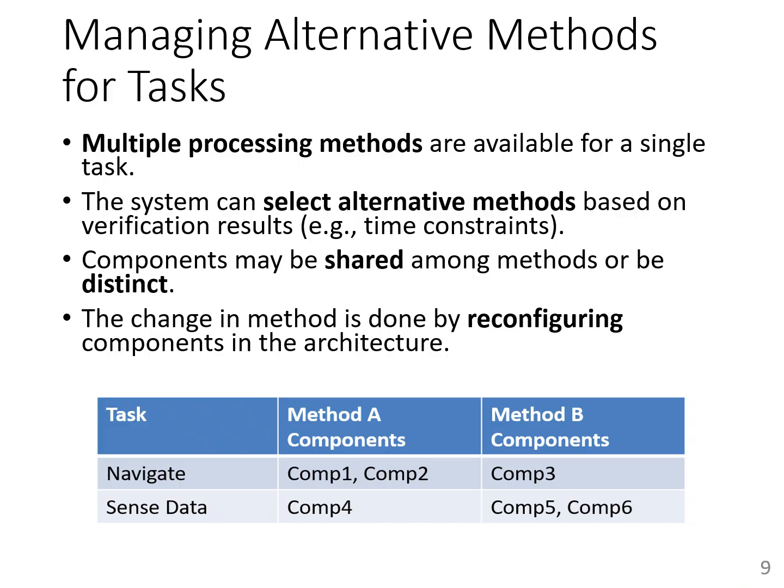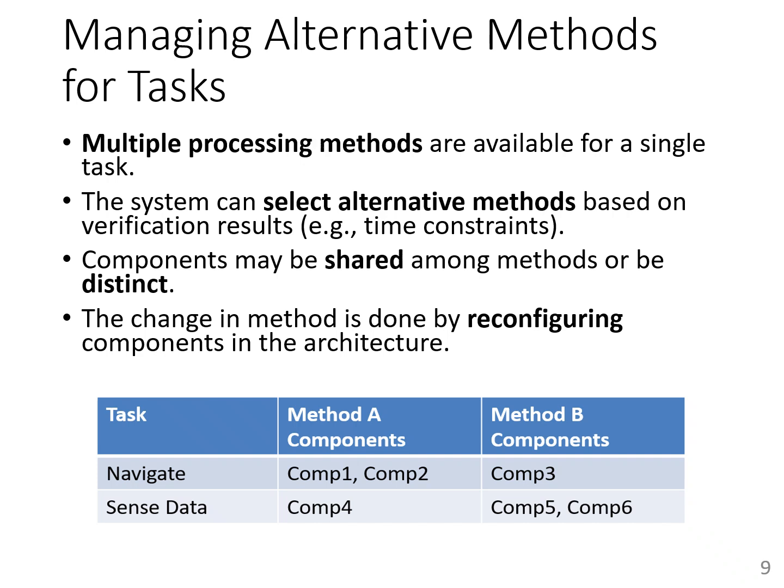Importantly, multiple processing methods are defined for each task. These methods differ in the component composition. The system can dynamically switch them to adapt to time constraints or failures. For example, a navigation task may use either component 1 and component 2, or switch to component 3 if the first method becomes insufficient or infeasible.